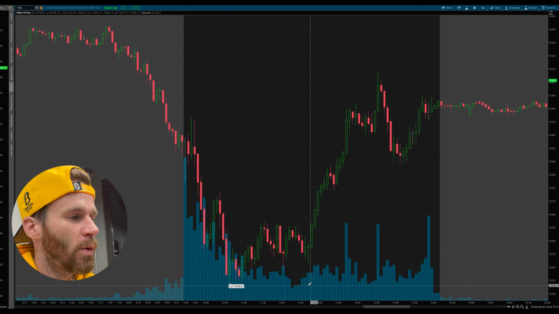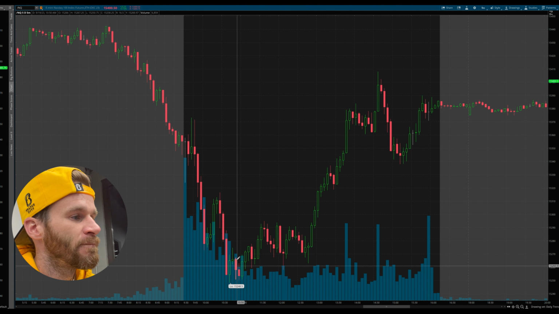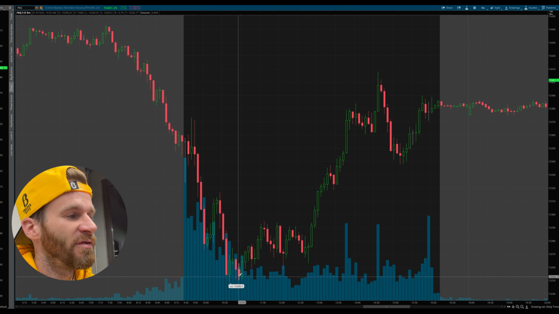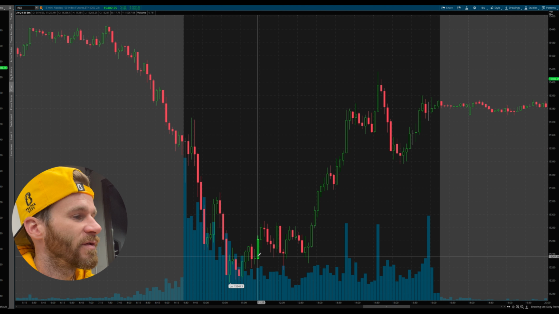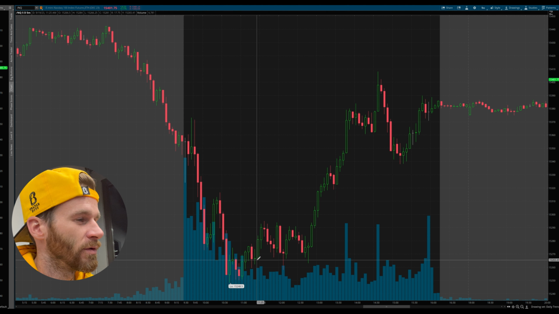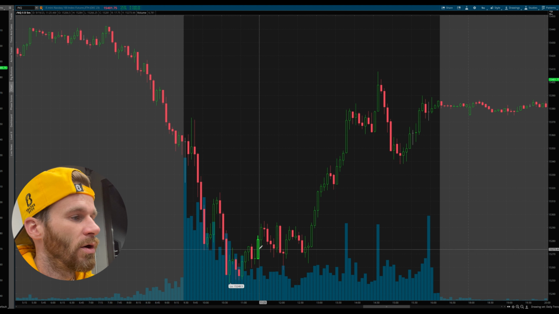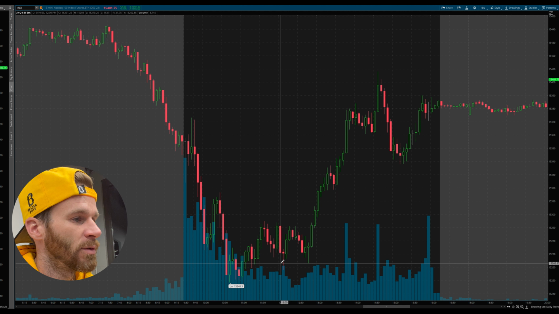ES, RTY, they were all making new lows, and NQ had started to flip this trend on the 5 minute chart, where we made a low here, made a high, made a higher low, made a higher high, made a higher low, and came here, started to make a higher high. I actually took my first entry on NQ, a little bit of an early entry here as well, on a break here, and then I ended up getting stopped out here, which is a little bit of a bummer.